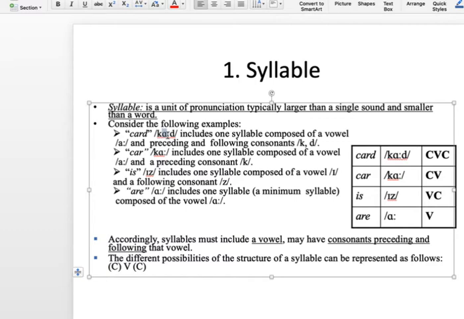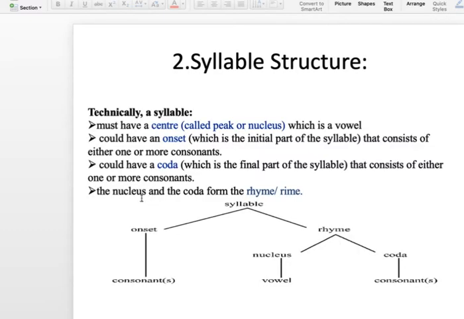Now we are going to name it this way. And the third one: a syllable could have a coda. Coda is the third term that we are going to use in syllable structure. A syllable could have a coda, which is the final part of the syllable that consists of either one or more consonants.